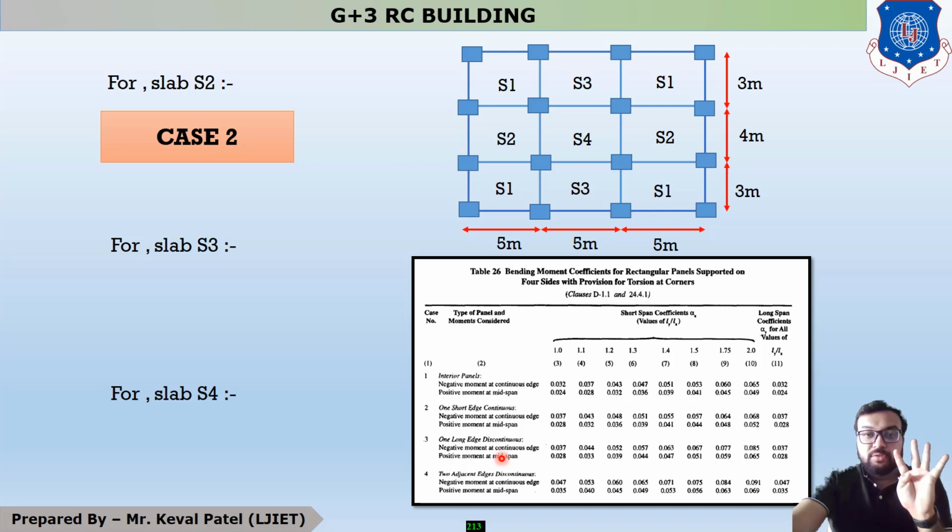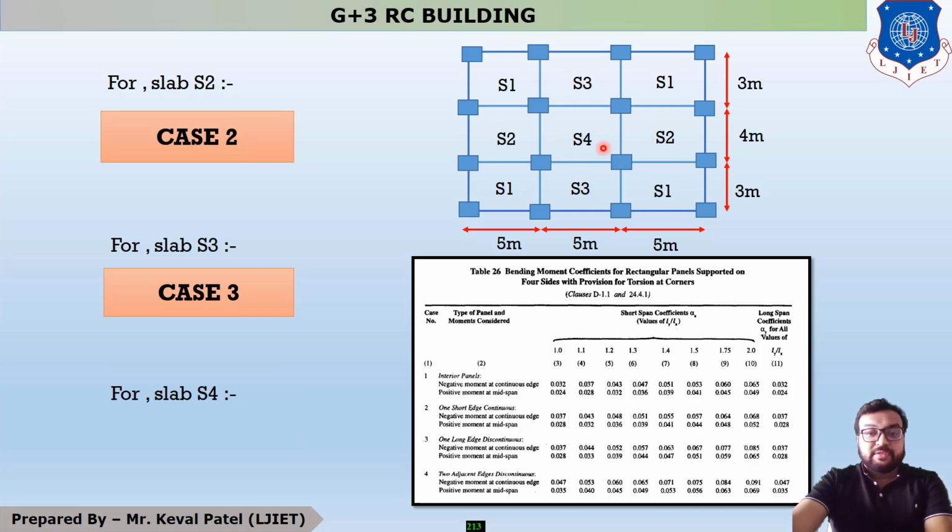After finding the four moment coefficients, we find the four moments, and all the calculations remain the same as already done for slab S1. So for slab S3 we prefer case number 3.